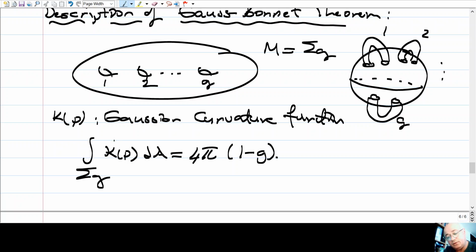Because here you have a geometric quantity, but you integrate over the whole surface, and it becomes a global invariant of the surface, and that invariant is independent of the local geometric properties. It's determined only by one invariant, which is the genus of the surface.